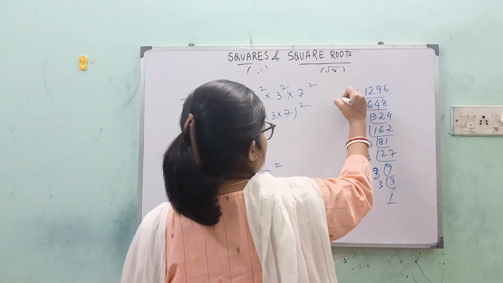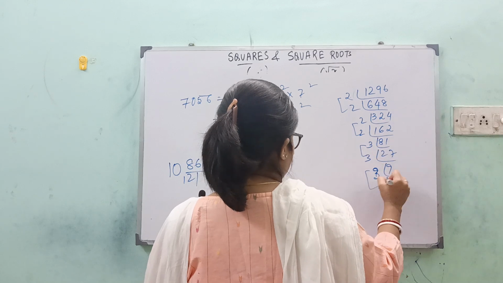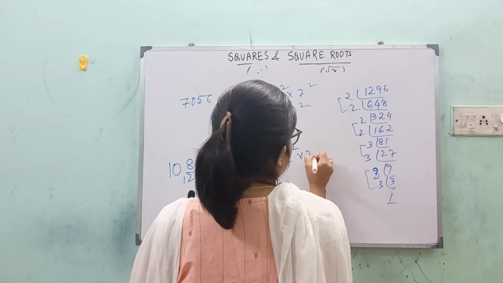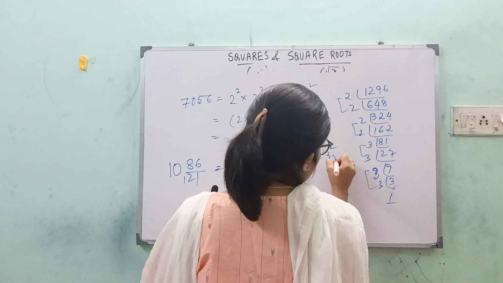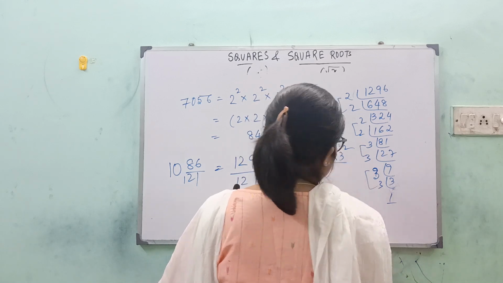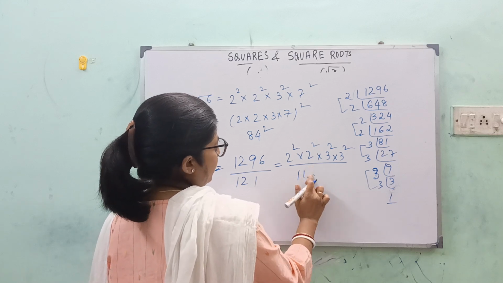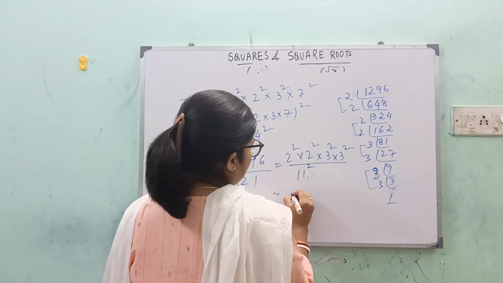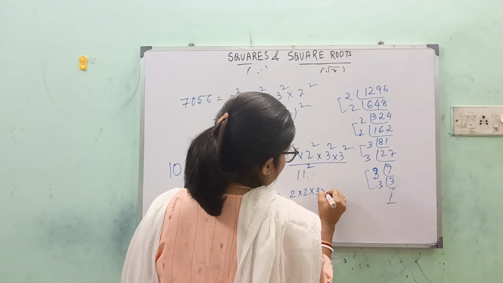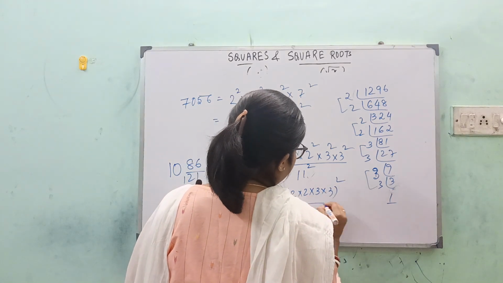So this is 2 square, 2 square, 3 square, 3 square by, now 121 is 11 into 11, that is 11 square. So this one is 2 into 2 into 3 into 3 whole square by 11 square.